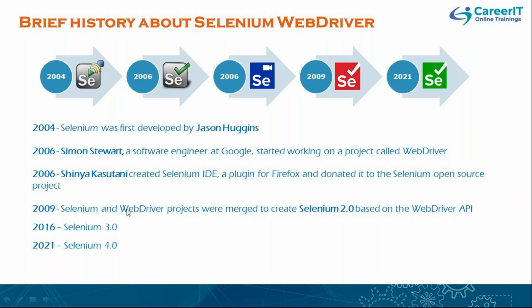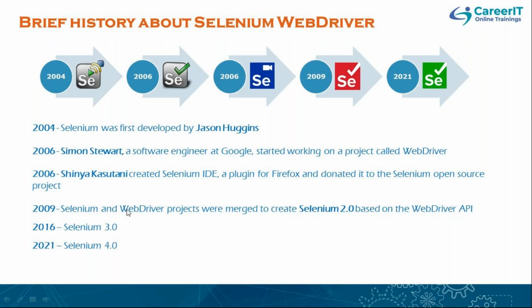They introduced a lot of other features and also made it more stable. Then after 5 years, in 2021, they released another major version called 4.0, with a lot of bug fixes and a lot of added stability. So currently in our market the Selenium fourth series is going on.